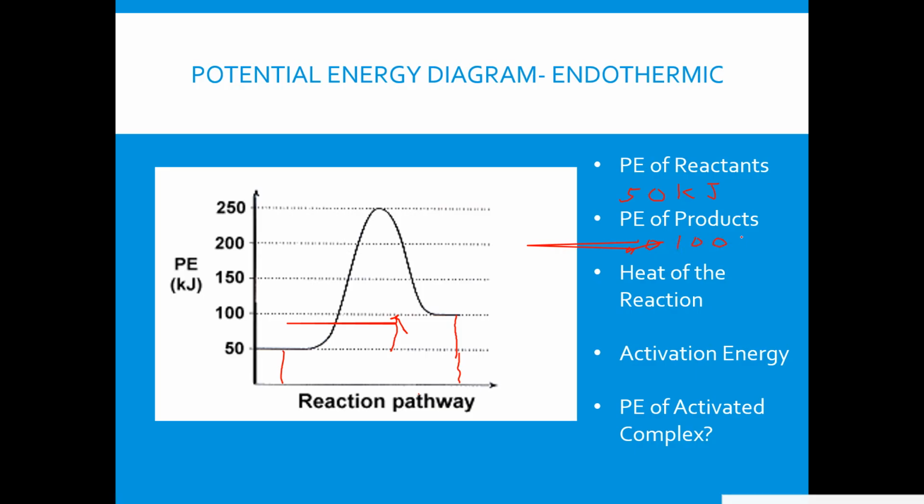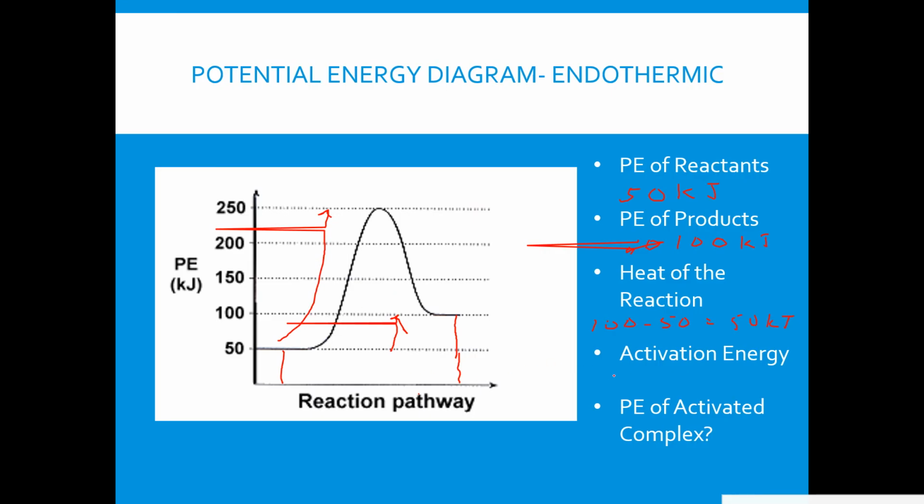The heat of the reaction is going to be my 100 minus my 50, so 50 kilojoules of energy is going to be absorbed this time because I'm getting a positive number. It's going to have 50 kilojoules of energy go into the system. What's my activation energy? That's the distance it takes to go up this hill.